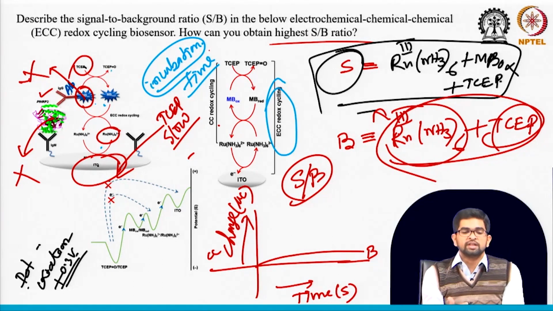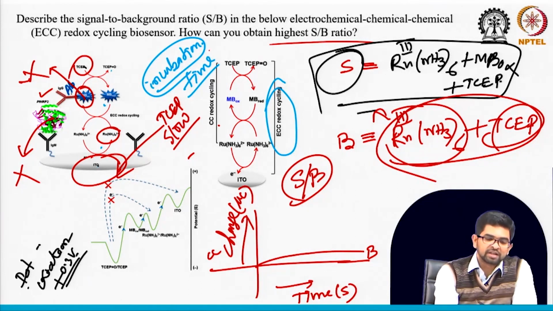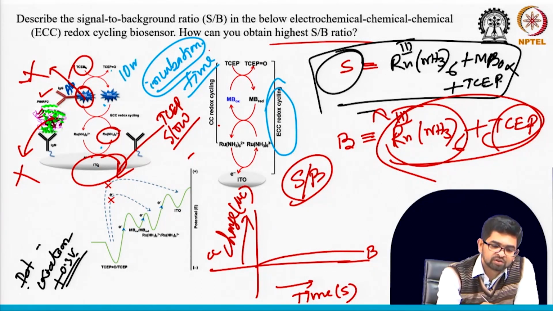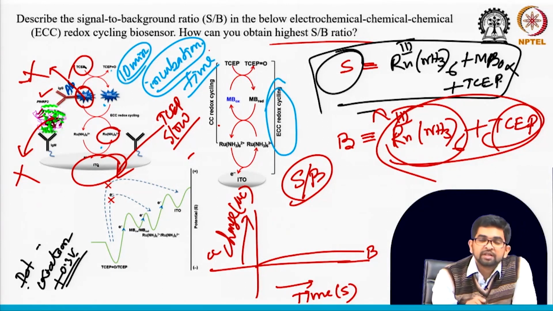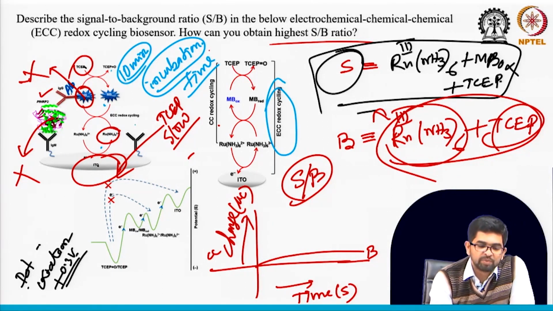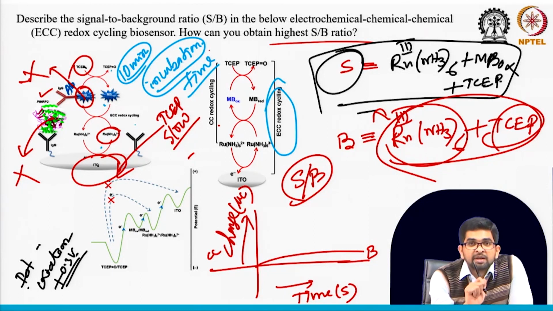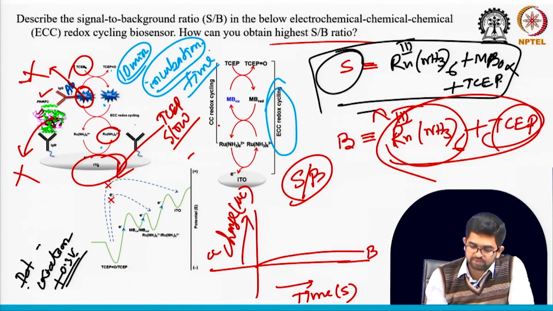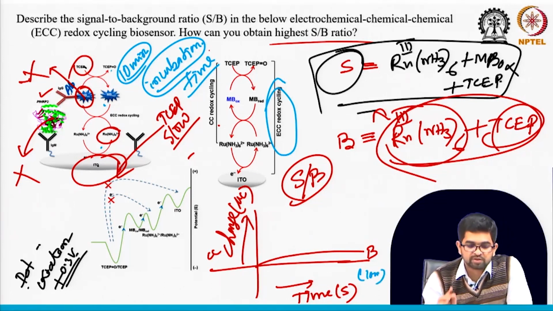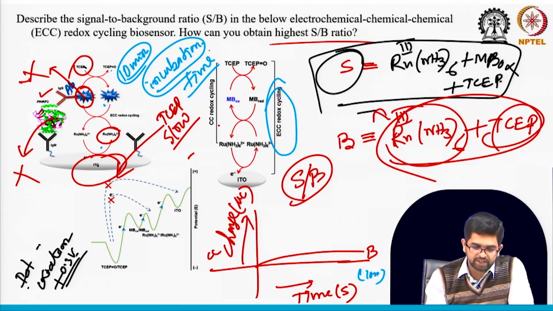Suppose after adding all the reagents you wait 10 minutes. So 10 minutes will be your incubation time to measure the signal and background, and you have to keep this time always constant. So if you take a 10-minute incubation for the background, you also take a 10-minute incubation for the signal, and only then can you compare both data.